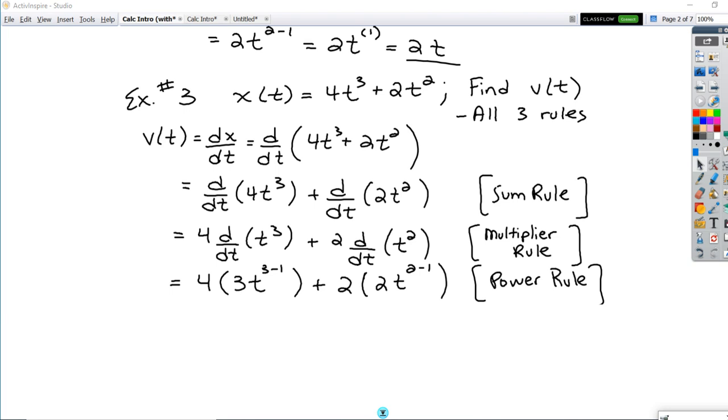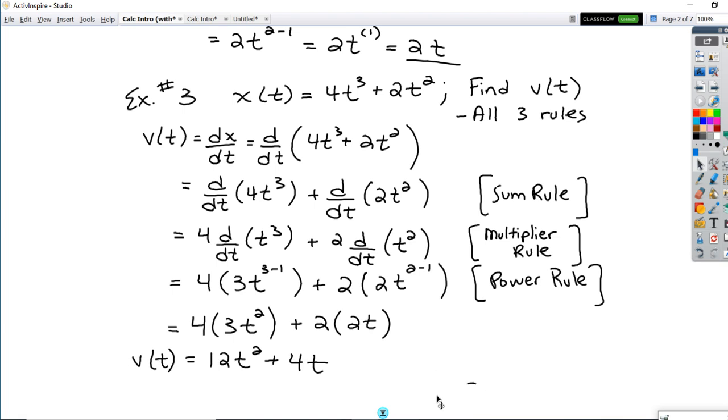That's the derivative of our original function. So simplifying our powers first, we get this, and then finally multiplying through by our coefficients, we get 12t squared plus 4t. Did you get it right? Good job.